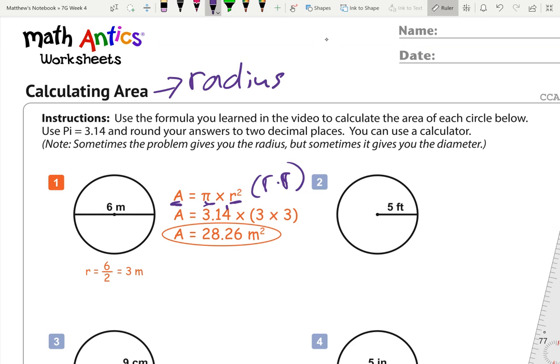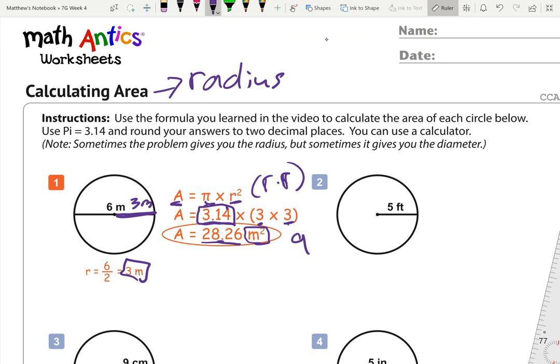All right, so when the radius is 3 here, we cut 6 in half, we get 3. Then we're going to take 3 multiplied by itself, and we get 9. And then we'd have to multiply 9 by 3.14, and that's going to give us 28.26. And again, area, so meters squared.